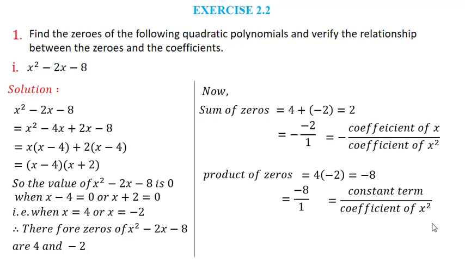That is, in case of sum of zeros for quadratic polynomial, it is minus coefficient of x upon coefficient of x square, and product of zeros is constant term upon coefficient of x square. You can take these two zeros as alpha and beta also. Then you have alpha plus beta as minus b by a, and alpha into beta is c by a.